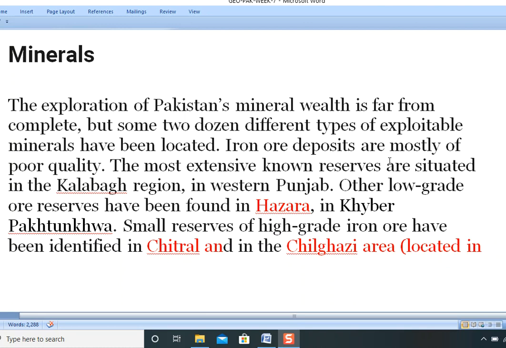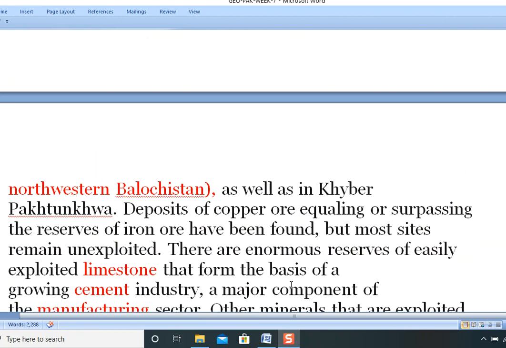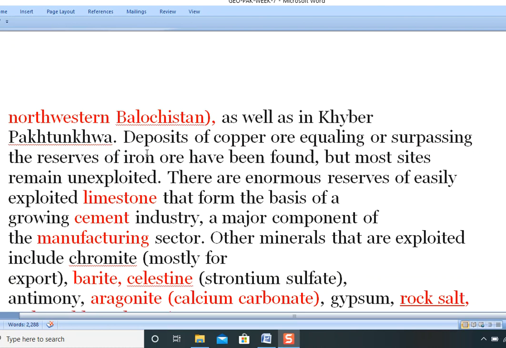Iron ore deposits are mostly of poor quality. The most extensive known reserves are situated in the Kalabagh region in western Punjab. Other low-grade ore reserves have been found in Hazara, in Khyber Pakhtunkhwa. Some reserves of high-grade iron ore have been identified in Chitral and in the Chilgazi area in northwestern Balochistan, as well as in Khyber Pakhtunkhwa.